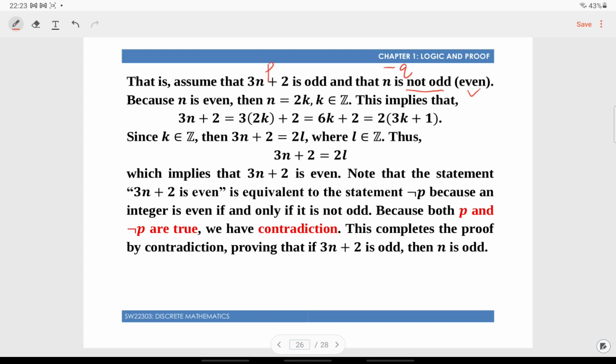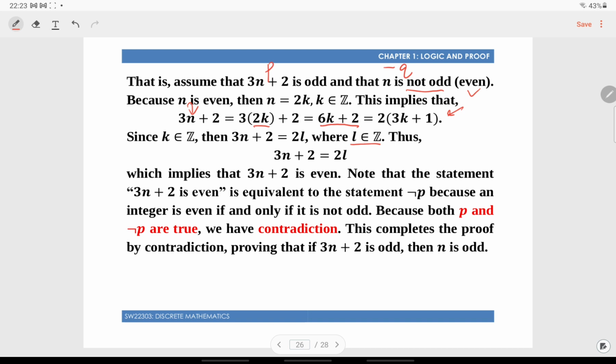Because n is even, n can be written as n equals 2k, where k is an integer. So this implies that 3n plus 2, substituting n equals 2k, becomes 6k plus 2. Again, we can factorize it, and because k is an integer, 3k plus 1 is also an integer, so we can replace it with L, where L is an integer.